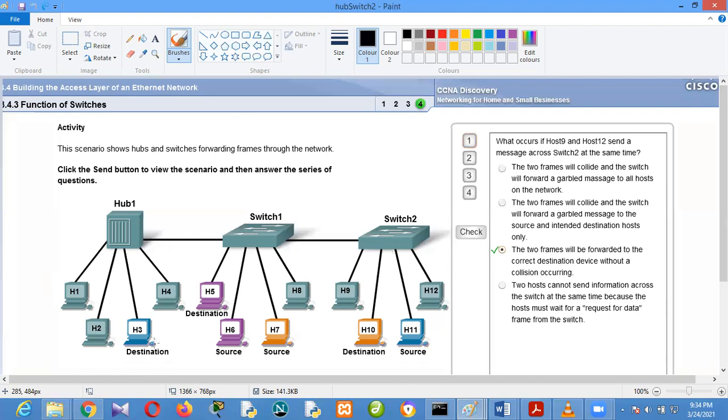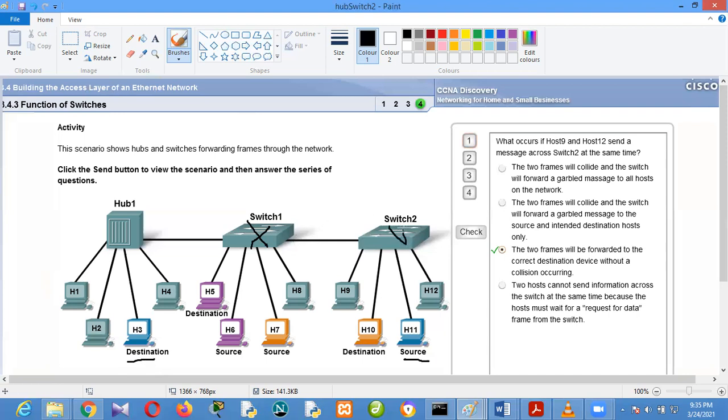Now, if there is no ARP table here, or if the ARP table is blank, let's say this source is asking who is H3.